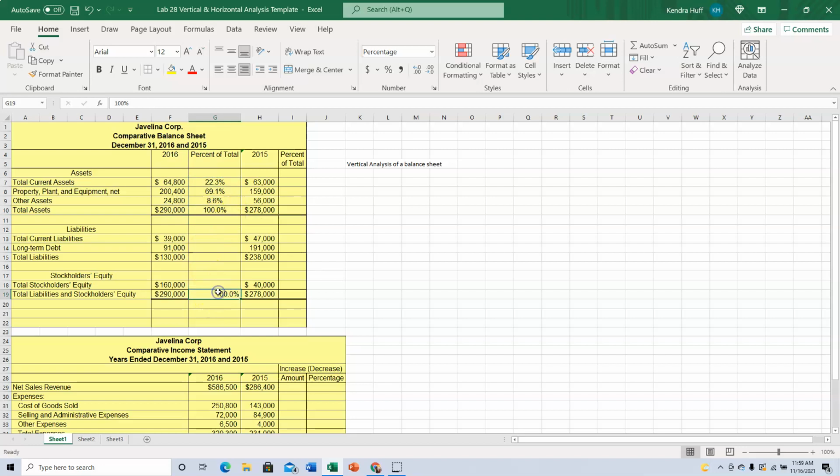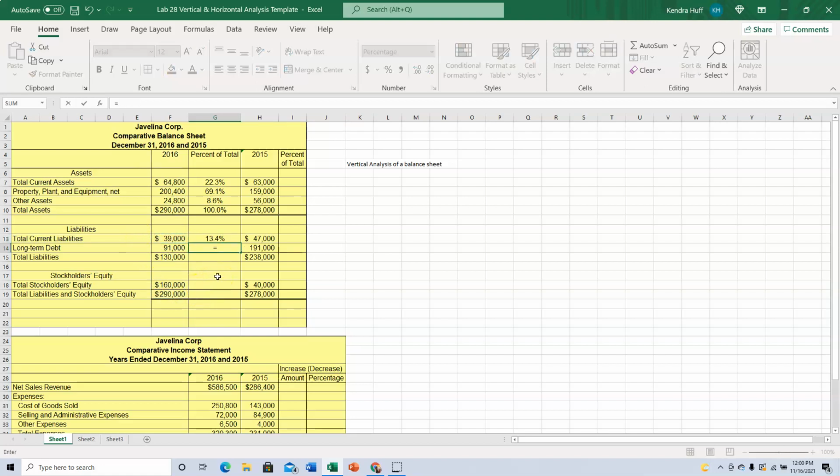All right, so once again, I'm going to delete this one because I'm going to add it up. Now total current liabilities as a percentage of your total liabilities and equity. Remember that it's the same $290,000 because it has to balance out, right? So equal the total current liabilities divided by total liabilities and stockholders' equity.